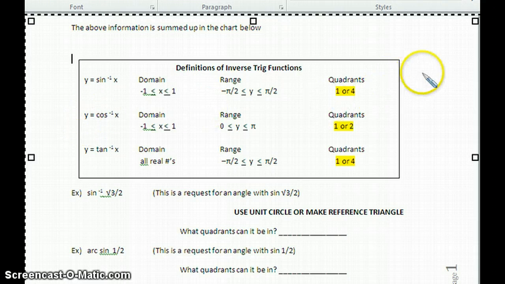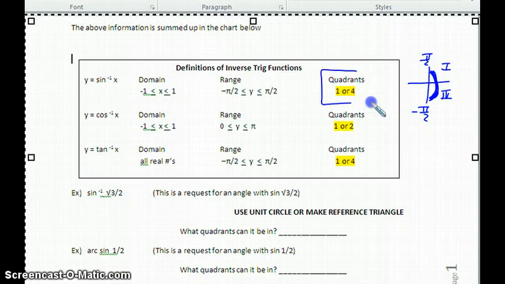If this is negative pi over 2, and I go this way 90 degrees, and this way 90 degrees, then what we're talking about is just this area of the unit circle that would work. In other words, that's quadrant 1 and quadrant 4. So we limit the domain for the sine inverse to only quadrants 1 and 4, for the cosine to quadrants 1 and 2, and for the tangent to quadrants 1 and 4.